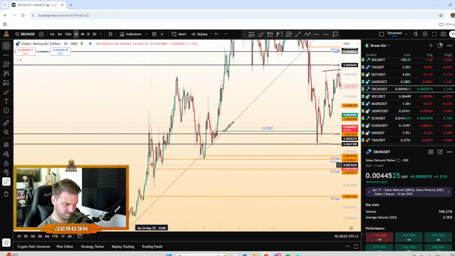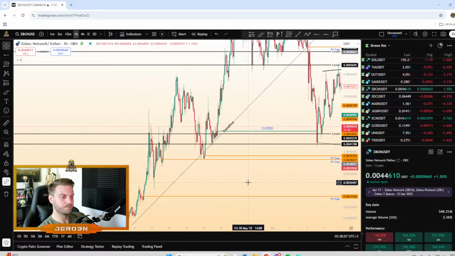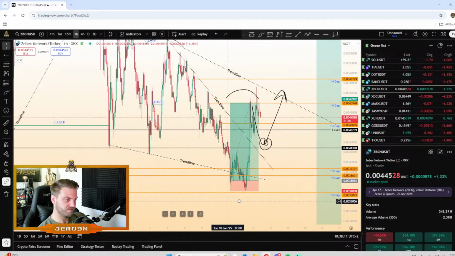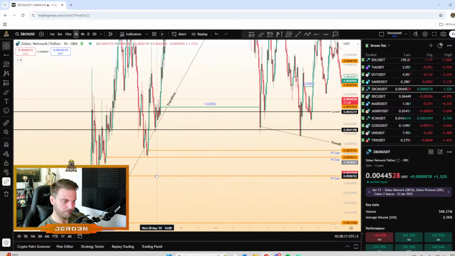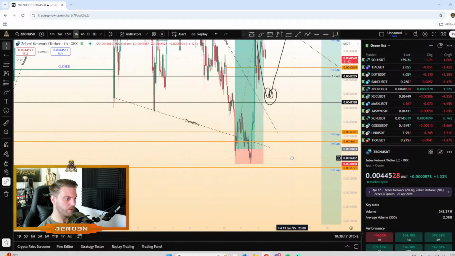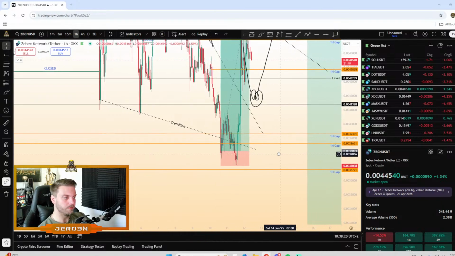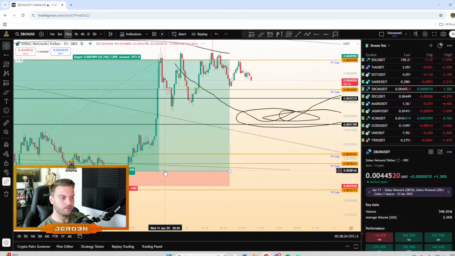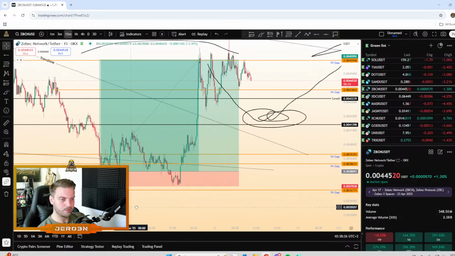So this bottom one didn't get filled, so let's keep that open. In fact, it didn't get filled directly. That's interesting. Okay, cool. However, we did get it filled, and I was waiting for confirmation on this coin.